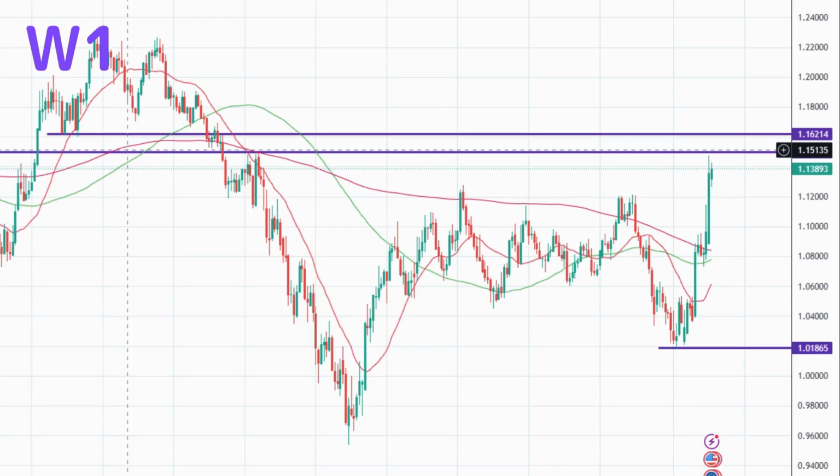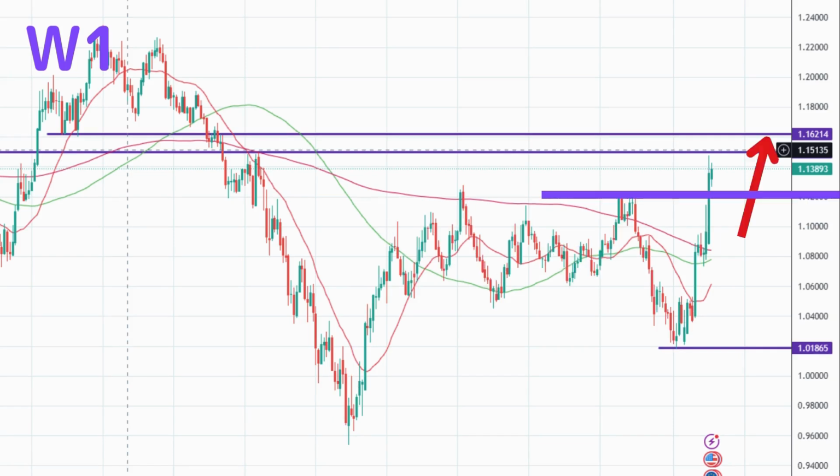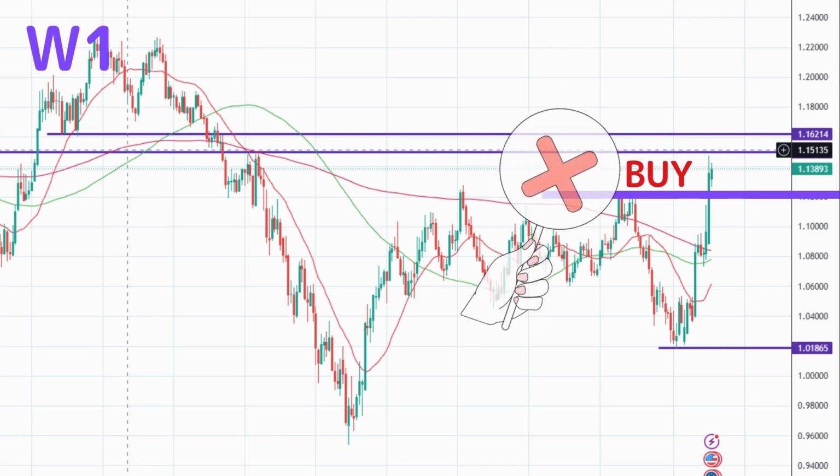All right, now let's take another look at the market, starting from the weekly time frame. Here's how I'm viewing the overall price movement on the weekly chart. Last week, the price broke above this key resistance line. So based on Dow Theory, this signals a continuation of the uptrend on the weekly level. However, just like last week, I believe entering a long position from the current price level is risky.